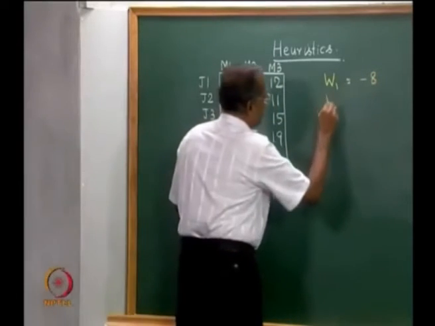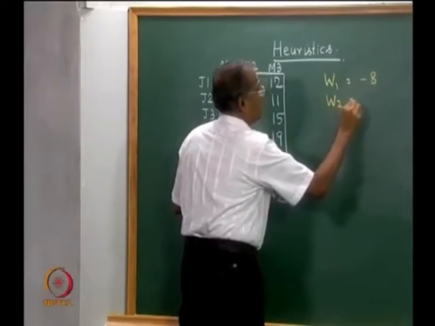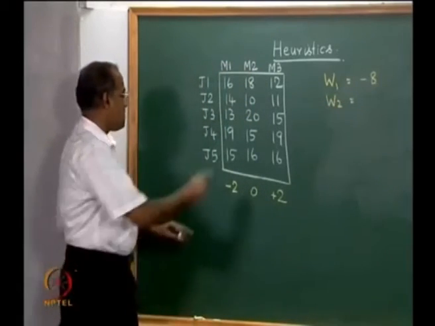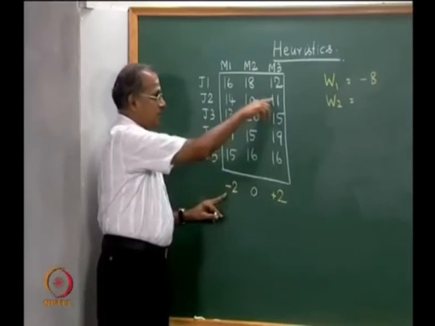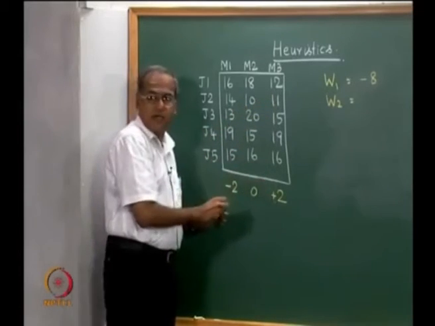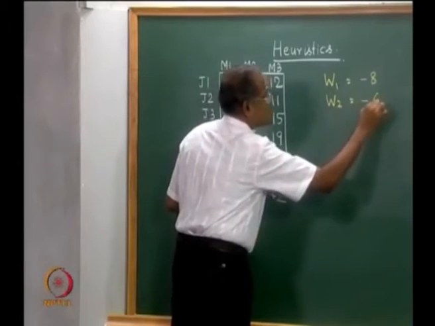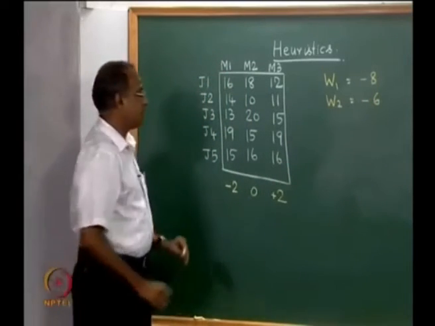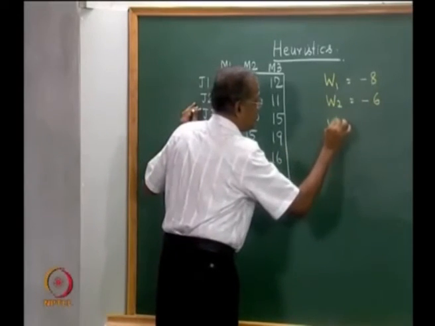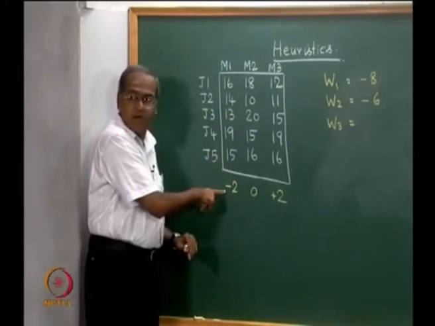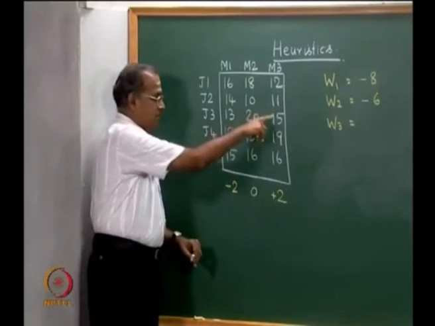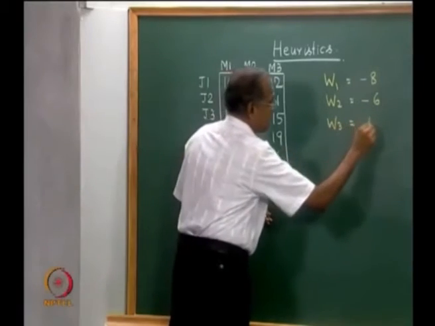Now W2 will be 14 into -2, which is -28, -28 plus 22 is -6. W3 will be 13 into -2, -26 plus 15 into 2, 30, which will be 4.